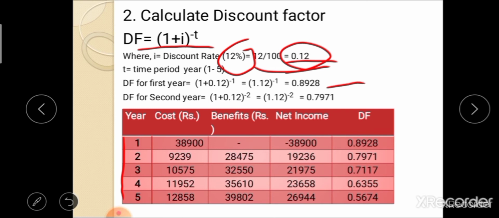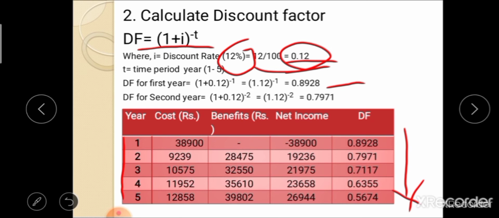In case of the second year, you just take (1 + 0.12) raised to minus 2, minus 3 for the third year, minus 4 for the fourth year, and minus 5 for the fifth year. Likewise, you have to calculate the discount factor of respective years. This is the second step, calculation of discount factor.